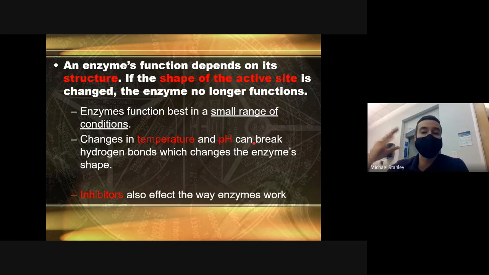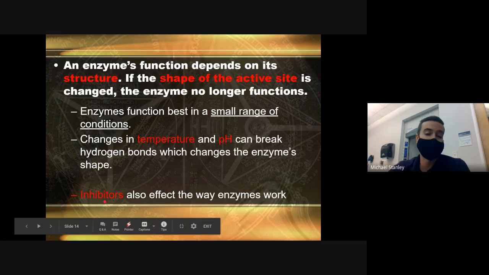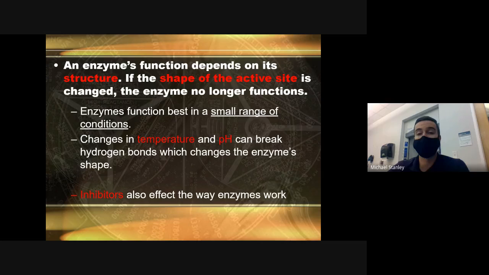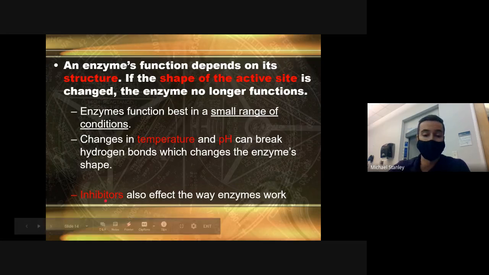So those are very general environmental conditions that can affect enzymes and cause them to break down. There are also specific structures called inhibitors that can also hurt enzymes in terms of doing the job that they're trying to do.